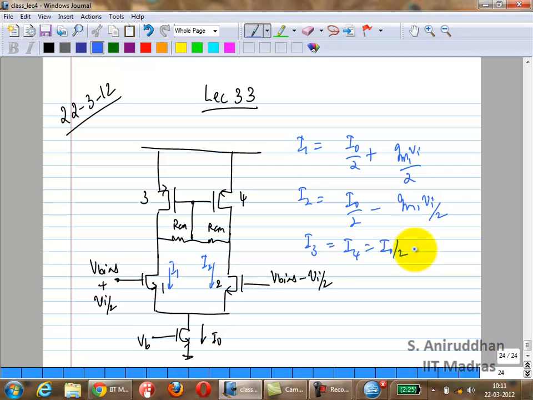Okay, so then what happens to this signal current? It flows through RCM, right? So you'll have GM1 VI by 2 flowing through RCM.